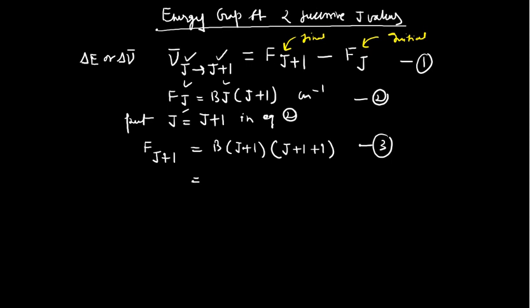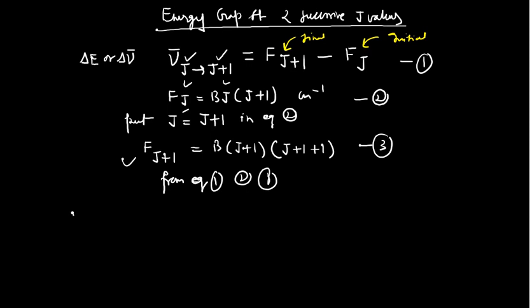So we will put this value of Fj plus 1 here, and Fj you are already having. So from equation 1, 2 and 3, what can I write?